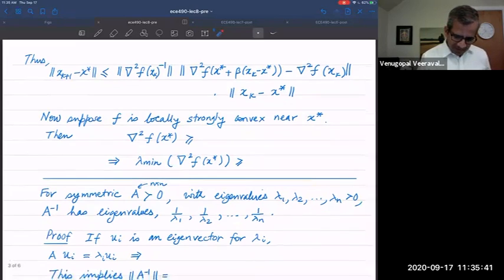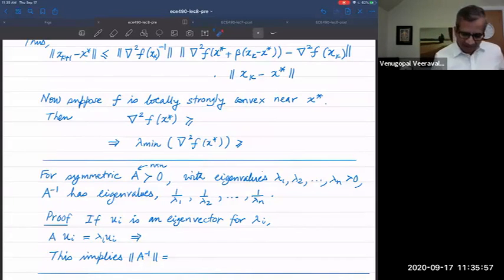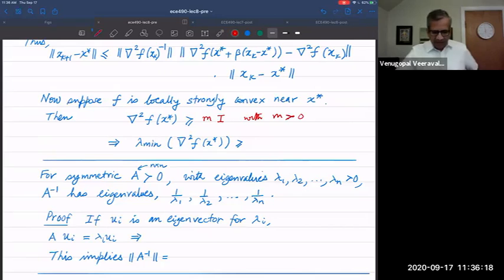So what do we do now? We want to upper bound this quantity somehow, and so we're going to make an assumption. We're going to assume that F is locally strongly convex near x star. It's just local. So around x star, the Hessian is lower bounded by M times I, with M bigger than 0. This is like the strong convexity assumption we made last time.